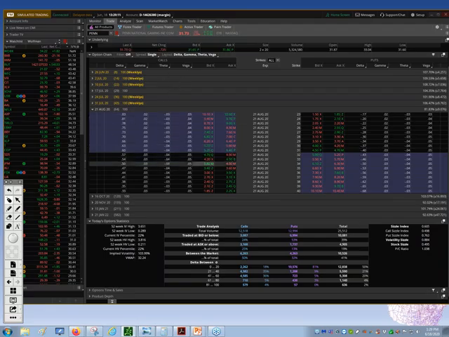So we can take a look at this again. Theta right here is always negative on the puts and the calls because tomorrow we don't have a DeLorean that takes us back in time. So tomorrow, these premiums will all decrease, all other things being equal, right? There's no change in the price of the underlying, but just one day goes by. We can assume that all of our premiums will decrease by that theta.